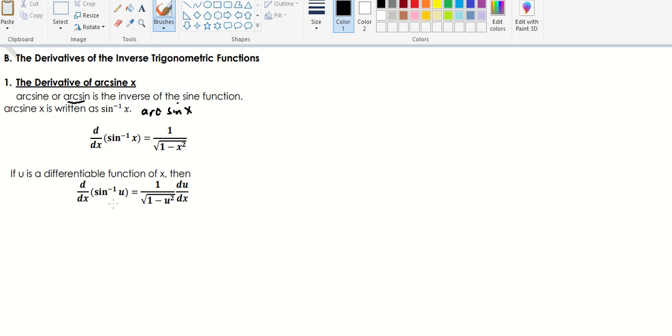We have the derivative of arc sine u is equivalent to 1 over square root of 1 minus u squared times the derivative of u. Or we can write this as the derivative of arc sine u is equal to du over square root of 1 minus u squared.